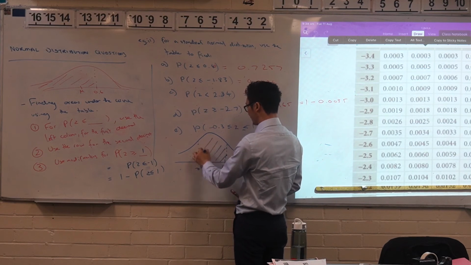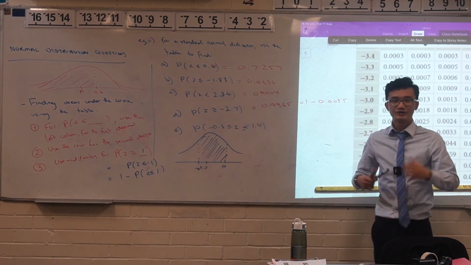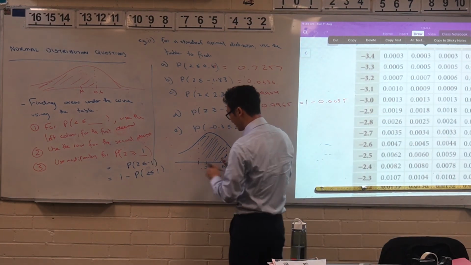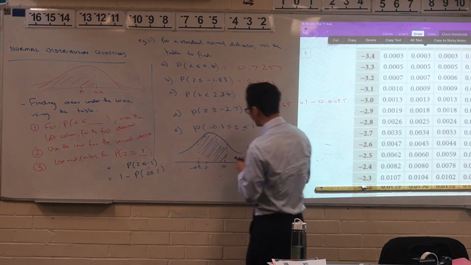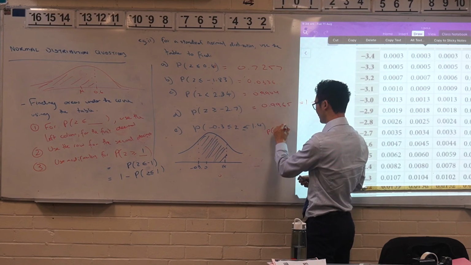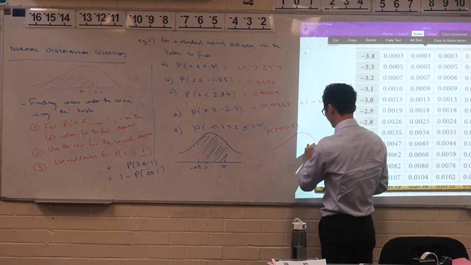And there's definitely no value in the table that's going to give me that answer outright. But what you can rely on is that you can find some areas separately. So P of Z less than or equal to negative 0.3 would be something like this.